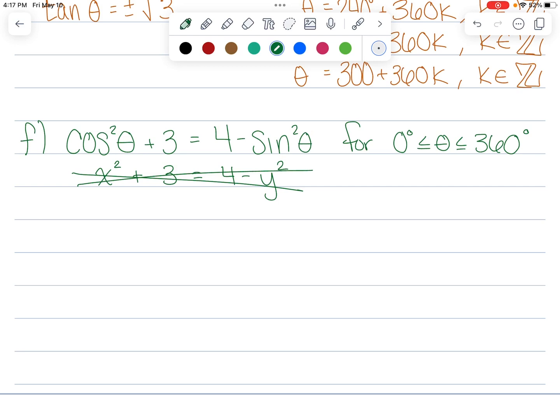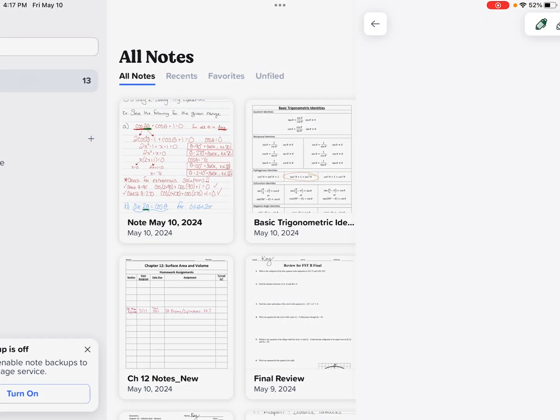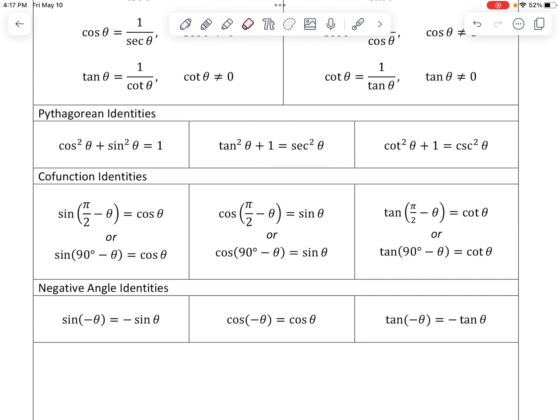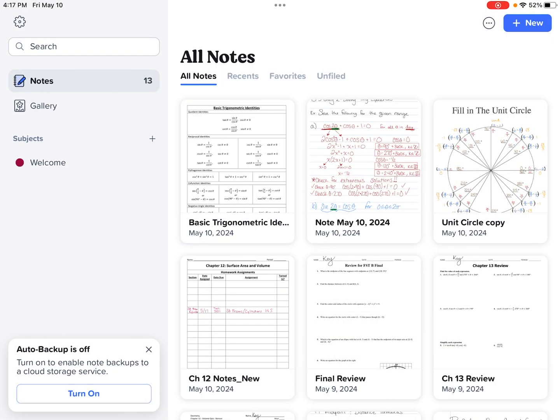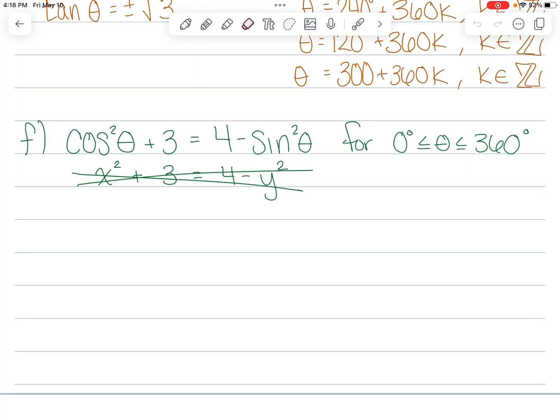Because if changing to x's and y's makes it impossible or nearly impossible, you've got a problem. So I see cosine squareds and sine squareds. I want them on the same side of this because I have this identity here that says cosine squared plus sine squared is equal to 1.